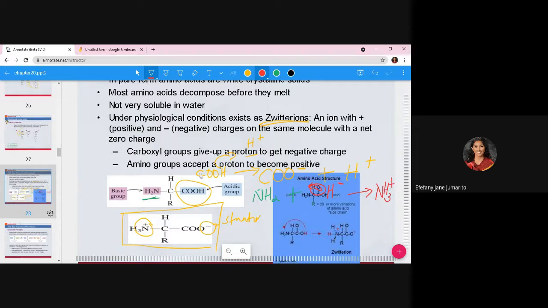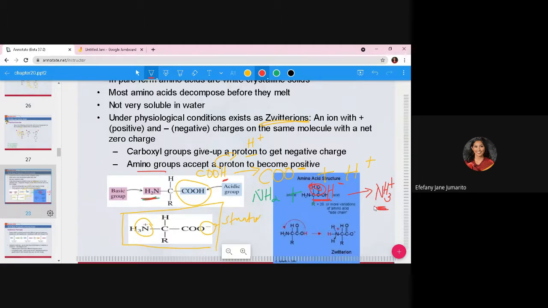So your carboxyl group will give up a proton, and your amino group will accept a proton. Under a basic condition, it will accept the H from the OH and become NH3.